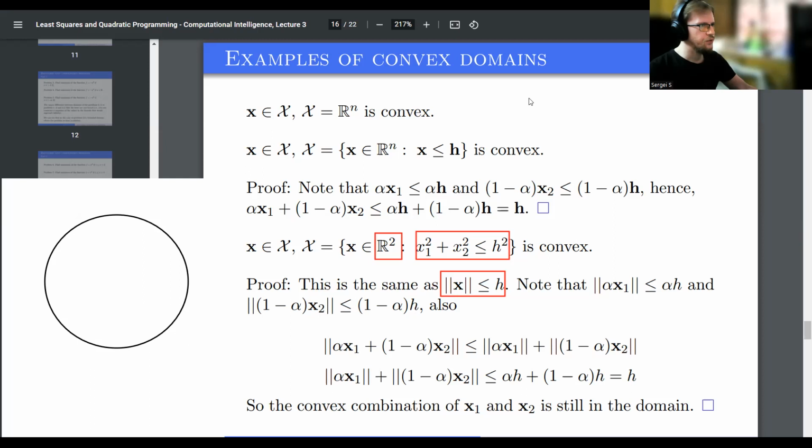What we are trying to prove is that if x1 and x2, both of them are inside the circle, like this is 0,0, the center of the circle, so if both of those points have norm less than h, then any linear combination of those two points would also be by norm less than h.